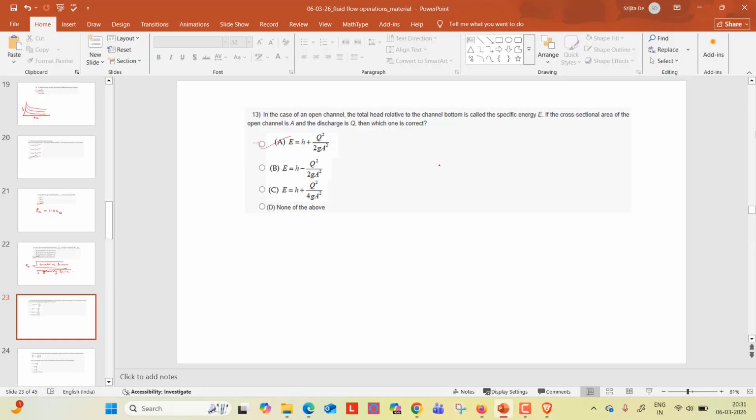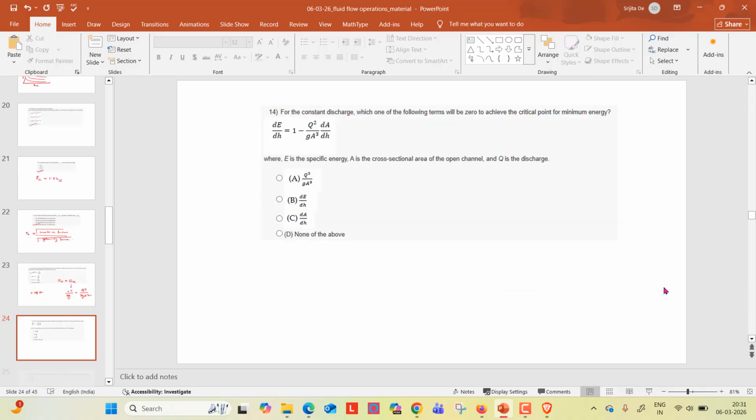The kinetic head is V square by 2g, like potential head plus kinetic head, and V equals Q by A. So it is nothing but Q square by 2g A square, right?